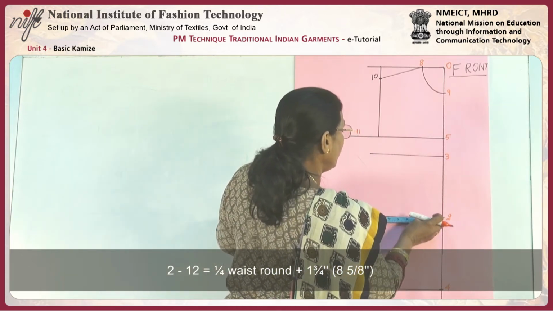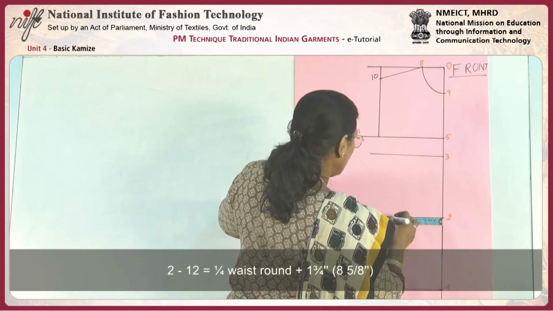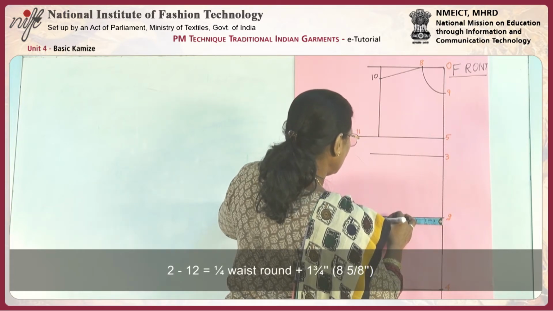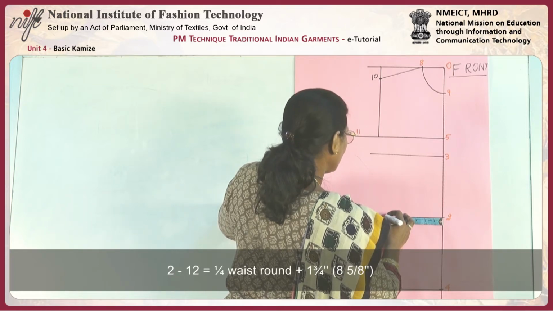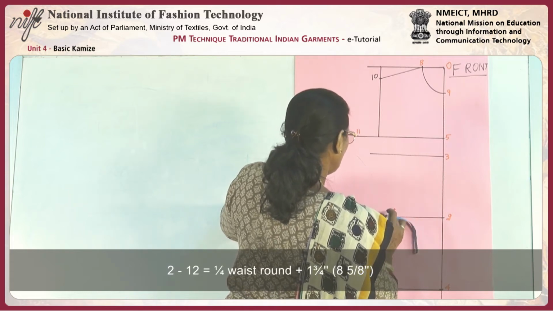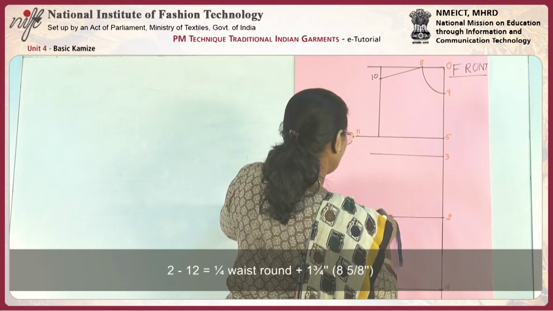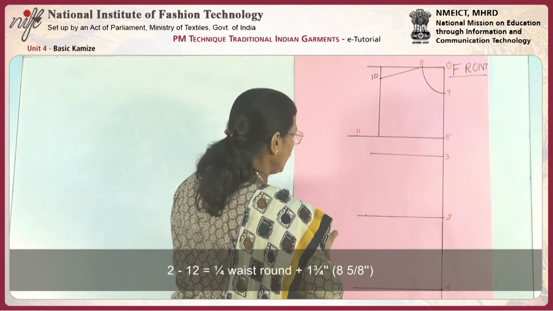Waist is 27.5, so 27.5 by 4 plus 1 3/4. Mark 12.